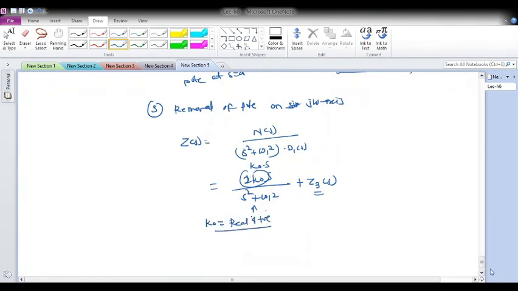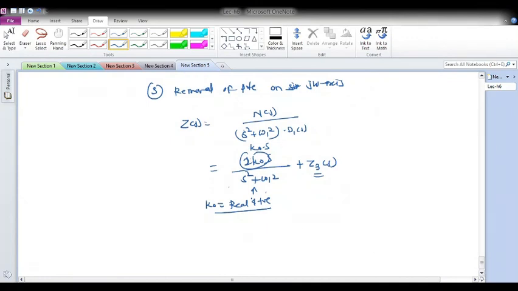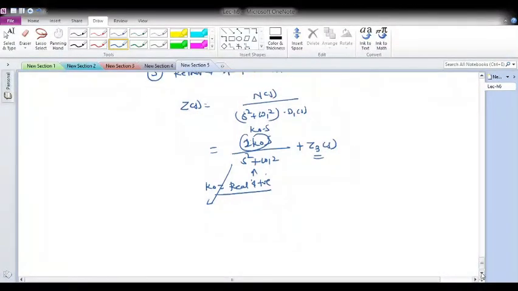Let me evaluate because the real part is 0 here: k0 j omega upon (omega 1 square minus omega square), so still the real part is 0. That is why the real part of Z3 of j omega will be greater than or equal to 0, and hence it is PR.